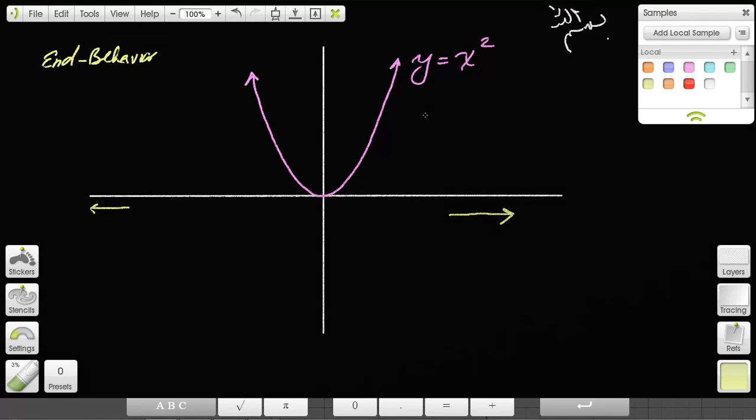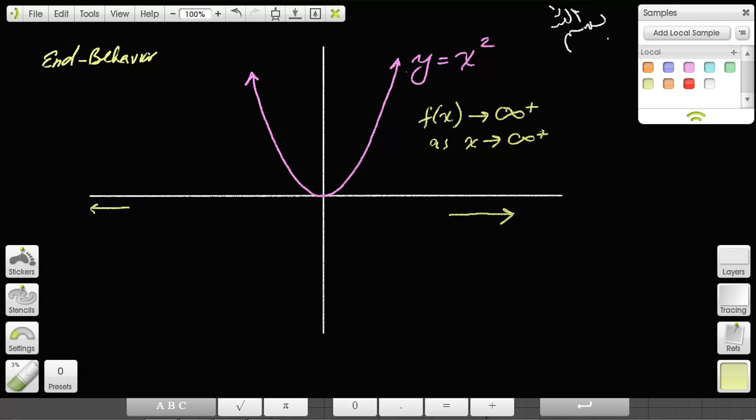So in this case, you can say the function f of x, what does it do? As x goes big over here, what does y do? y gets very, very big, goes to infinity. So f of x goes to positive infinity, as x goes to positive infinity.